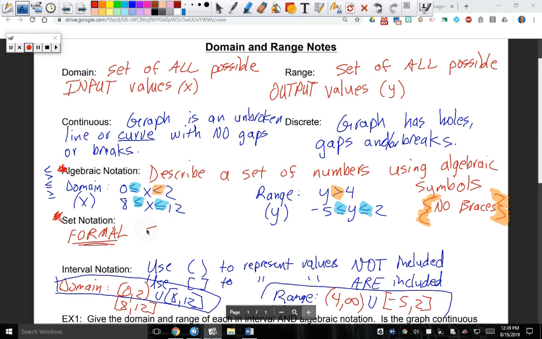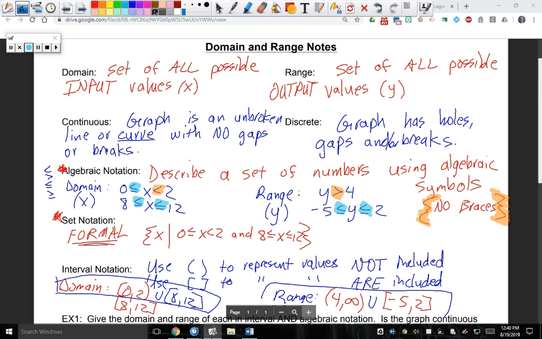We would say the set of all x's such that, and then you would just copy what you see. 0 is less than or equal to x, less than 2, and on the same line, 8 is less than or equal to x, less than or equal to 12. Close brace. It's the same thing as algebraic, it's just a little bit more formal.